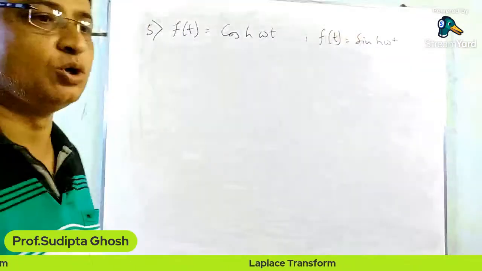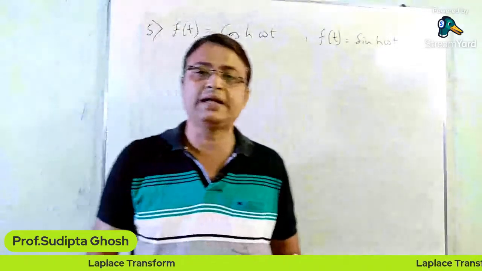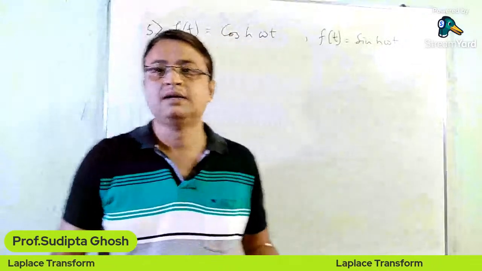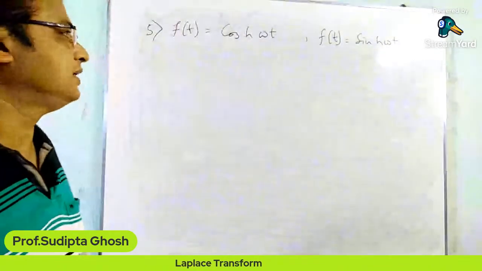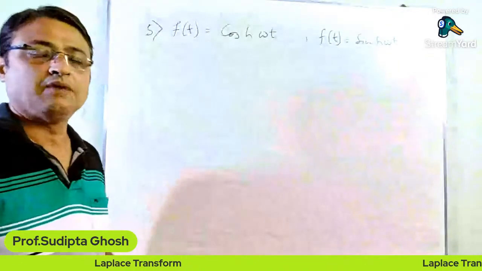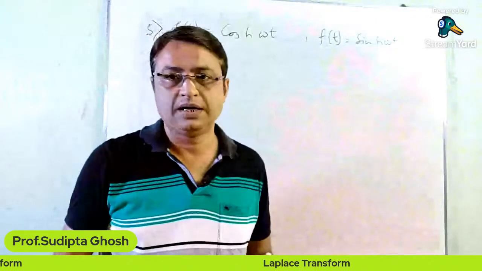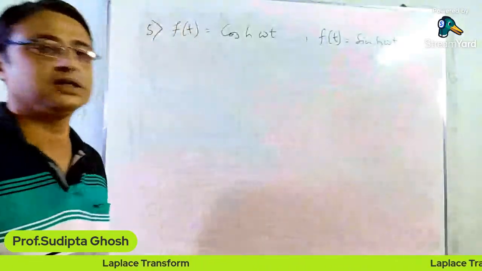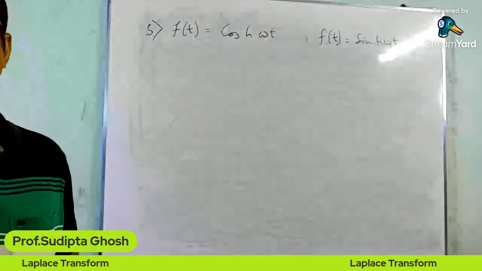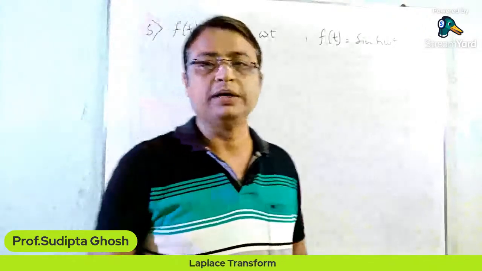These are also very important functional forms. Every time we find these particular forms, we can find them in our physics problems or in the equations which are used in physics. So these are the forms: cos hyperbolic function, sine hyperbolic function. They are very important.